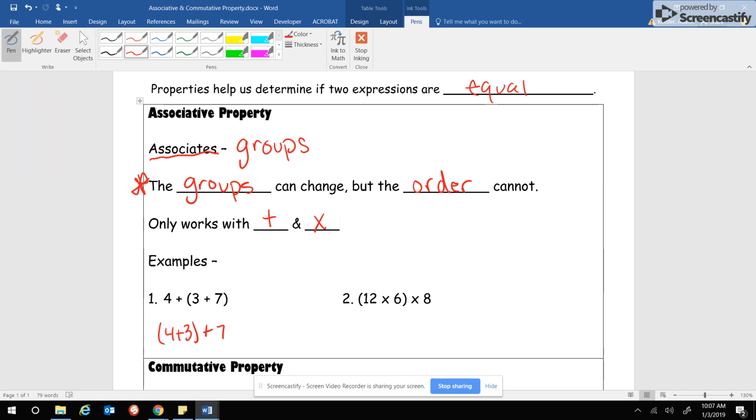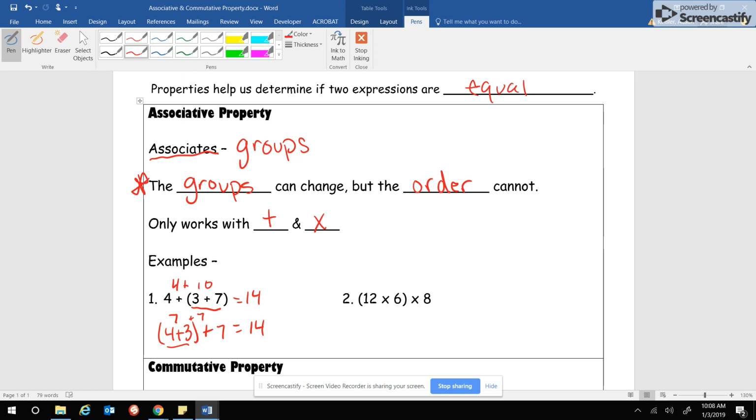And if we solved these, we would get the same answer. 3 plus 7 is 10, and 4 plus 10 is 14. Same thing down here. 4 plus 3 is 7, and 7 plus 7 is also 14. So these are equal expressions. We don't even have to solve them to know, but we could just to check.